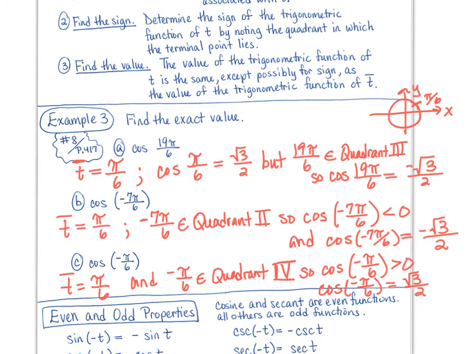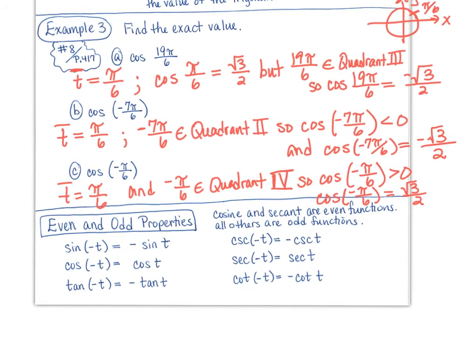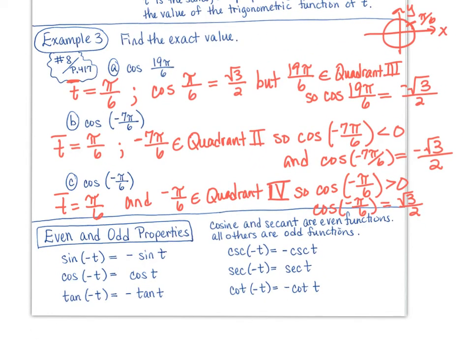Good. Okay? Now let's talk about even and odd properties of your trigonometric functions. Cosine and secant are even functions. All of your other trigonometric functions are odd functions. Cosine and secant are your only even functions.